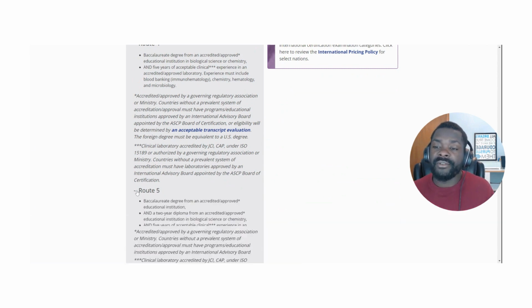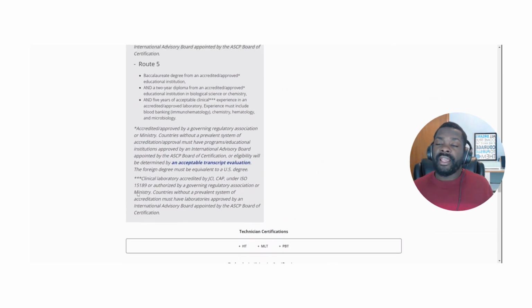And finally, let's go to Route 5 and you see a bachelor's degree from an accredited institution and 2-year diploma from an accredited approved education institution in biological science and chemistry. Yes, and you need 5 years of acceptable clinical experience.